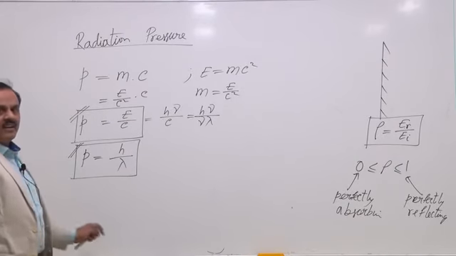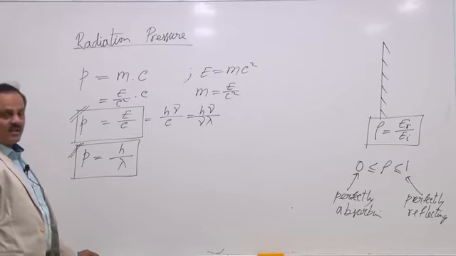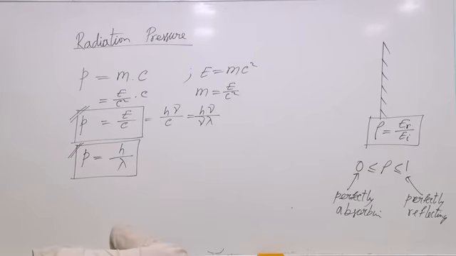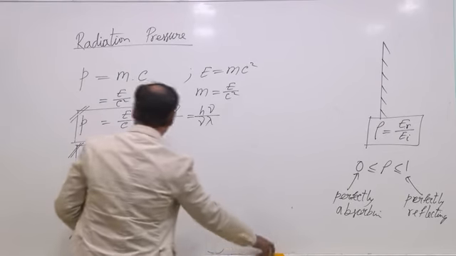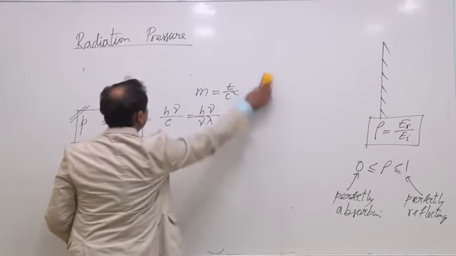We will be finding radiation pressure in two cases. First case we will be considering is normal incidence. So first case we are considering normal incidence.